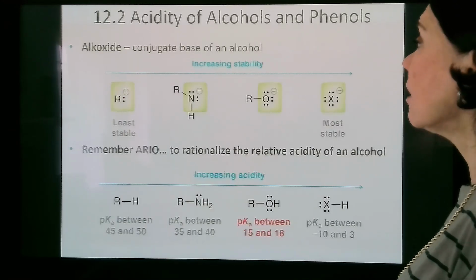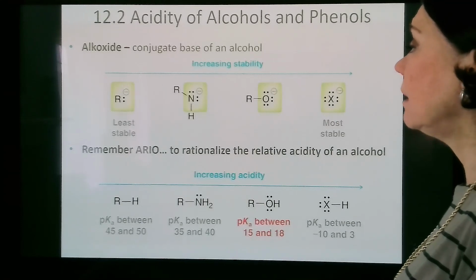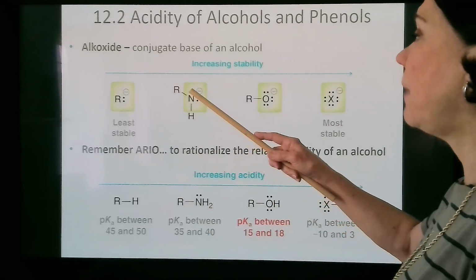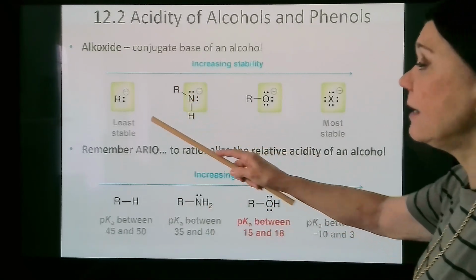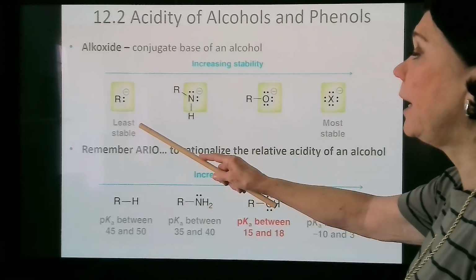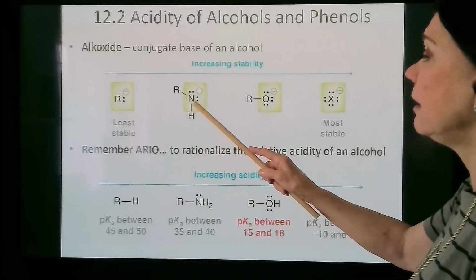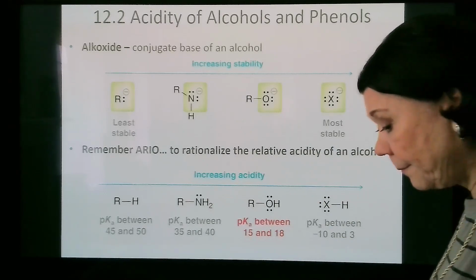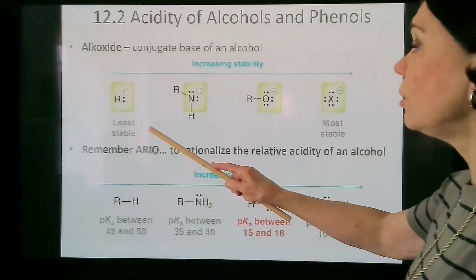Now, the alkoxide, remember that it's a conjugate base of an alcohol, and as a comparison, compare it to the alkyl anion, the amide, the oxide, and the halide. So let's look at these.